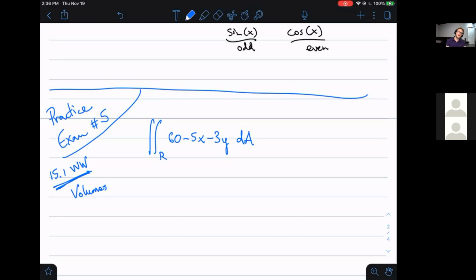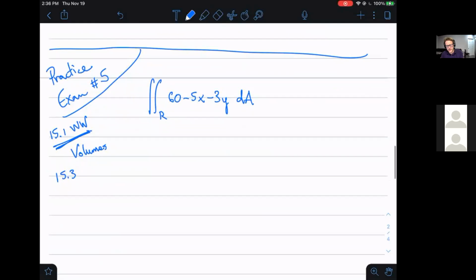That would be one way to go about this. But actually in 15.3, we also learned how to integrate over general regions. So you could also do this with a 15.3 style method where you just evaluate the double integral. Really it's up to you how you would want to proceed. Probably the most straightforward way would be using the 15.3 method.